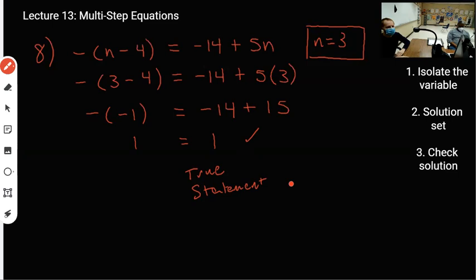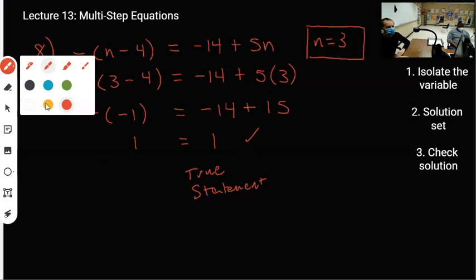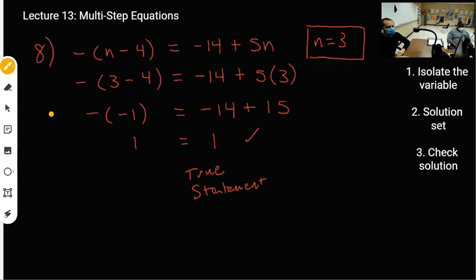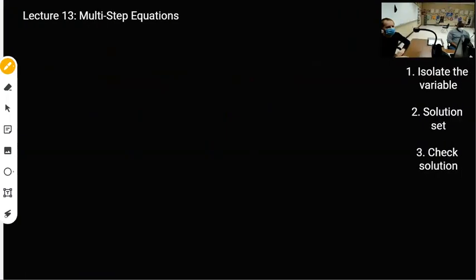Okay. The last one I wanted to do today is going to be number 10. So let's do that on this slide. All right. I have 6 times (1 plus 7k) is going to give me 40 plus 8k.